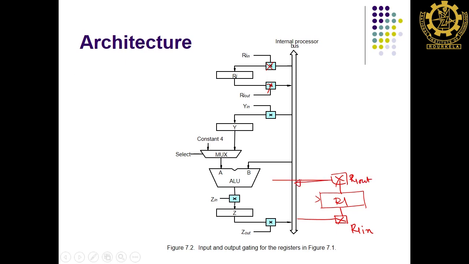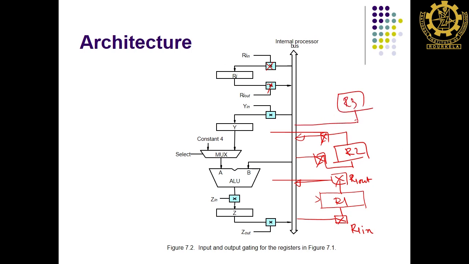And then you have a register R2. This is connected, you have a control here and a control here. And then another register, let us say R3, with a control here and a control here. This is a simple diagram I draw. Now, what do you want to do? We want to add R1 plus R2 and then store the result in R3.